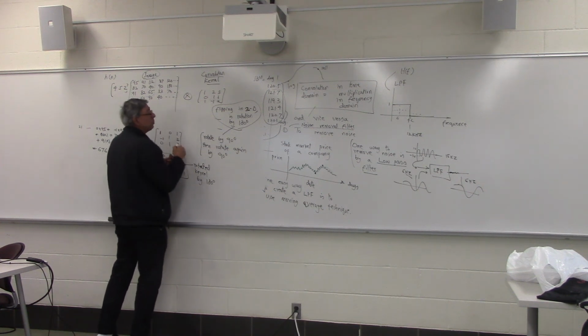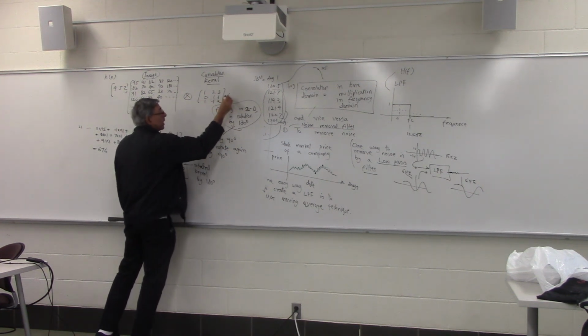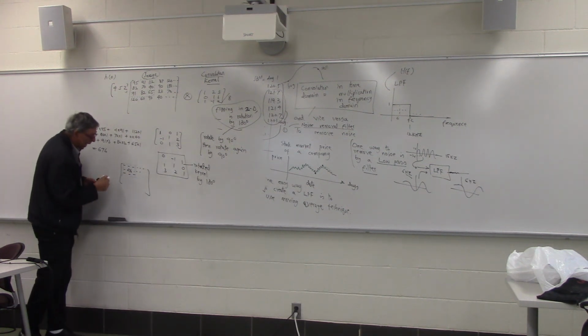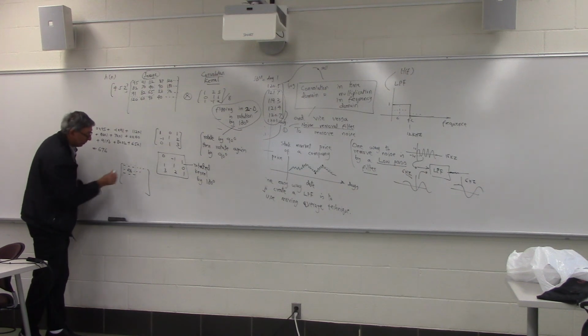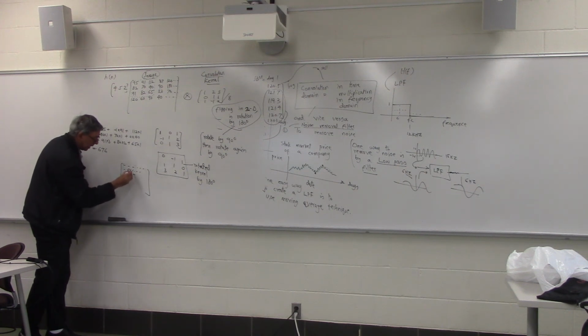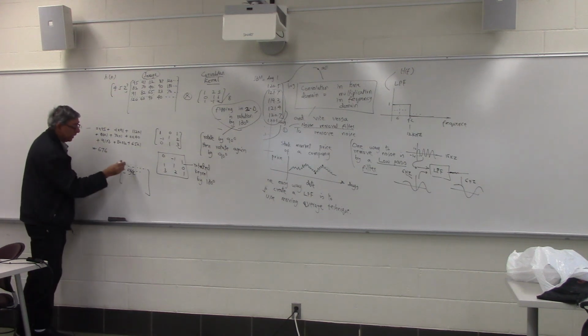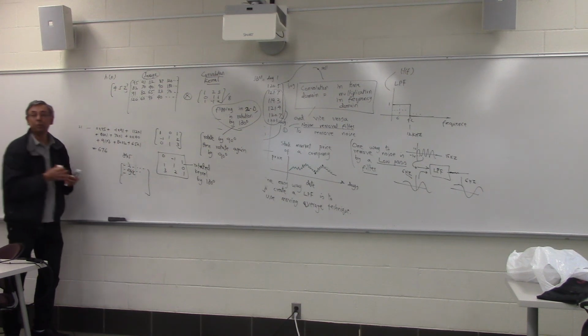So to make it a proper kernel, I have to divide it by 8. So the actual answer of the convolution will be 676 divided by 8, which is 84.5. That's the first value we will produce.